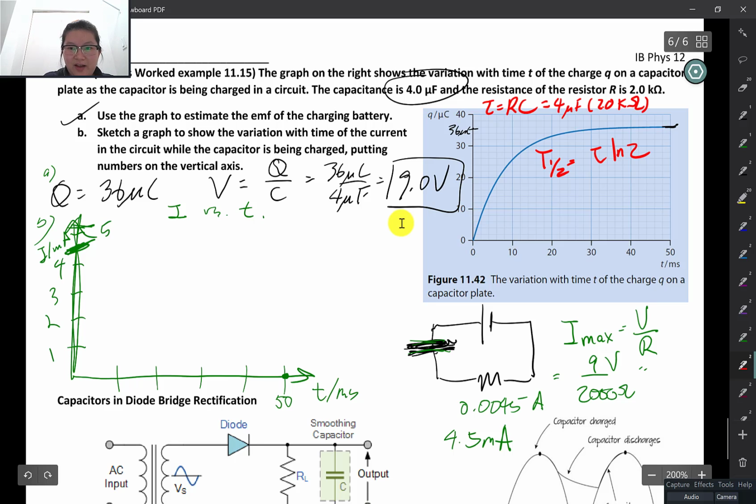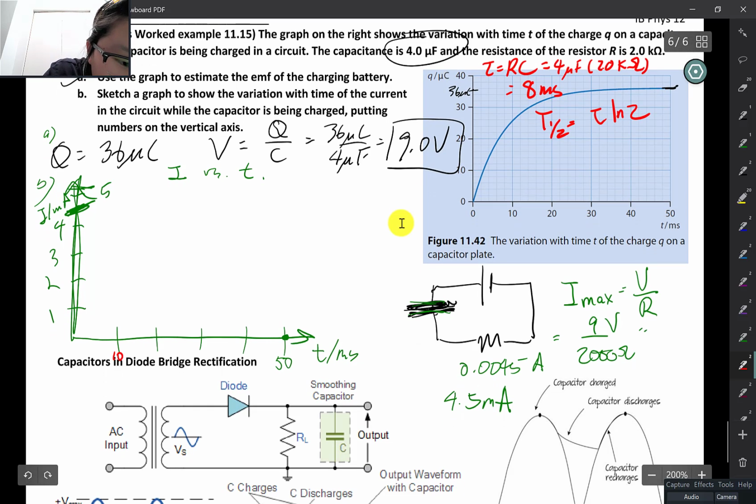If I multiply those together, I get 8 milliseconds. So if this is 10 over here, 10 milliseconds, 8 milliseconds is about right there. And remember, the time constant is the amount of time it takes the charge or the current to drop down to 37% of its original value.